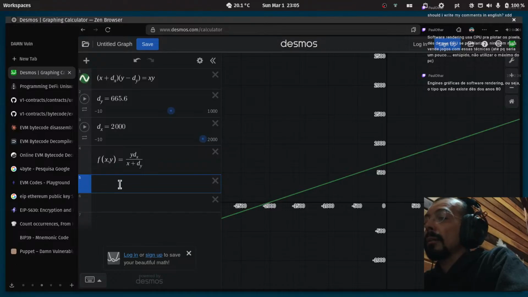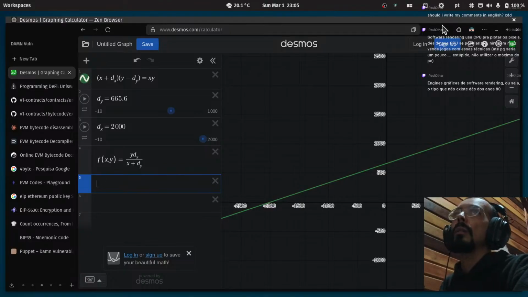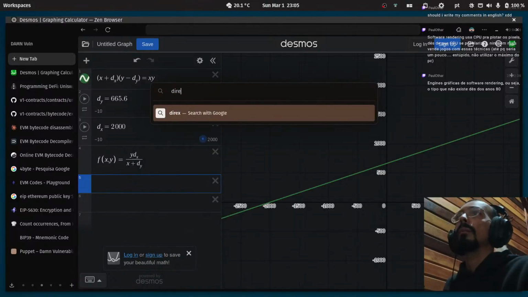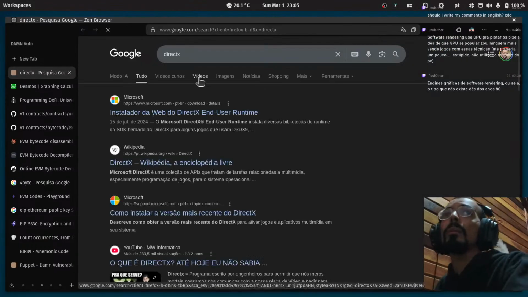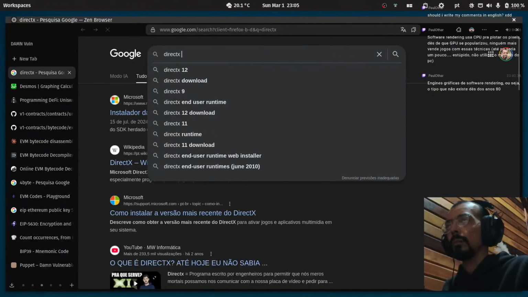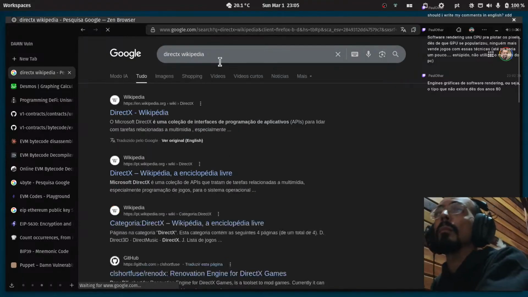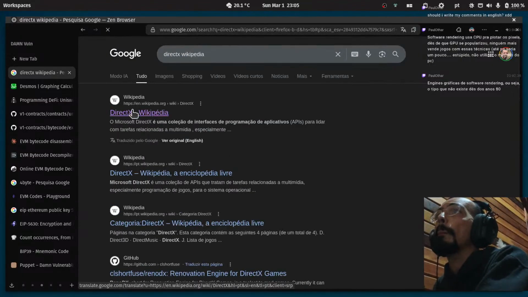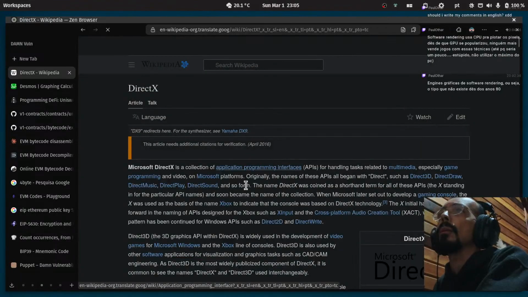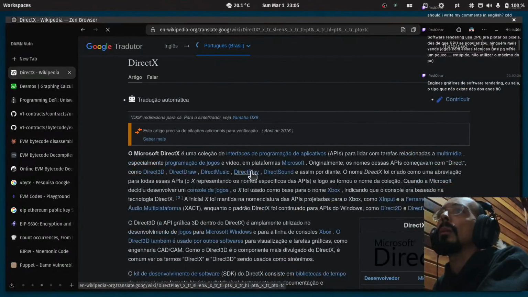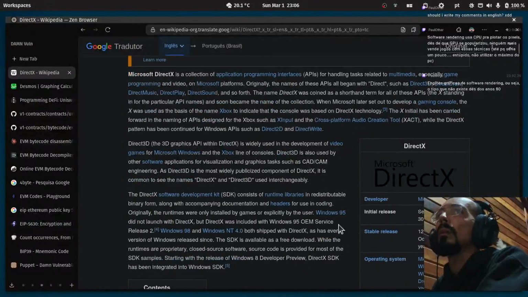So Direct X and, what's the name of the other? That's for GPU, right? Or GPU or CPU. I don't know why they translate it. Initial release 95.